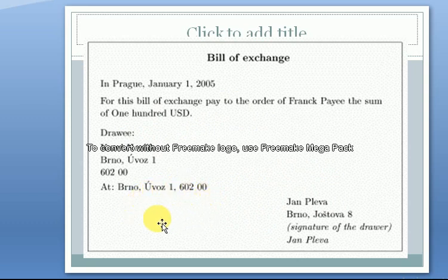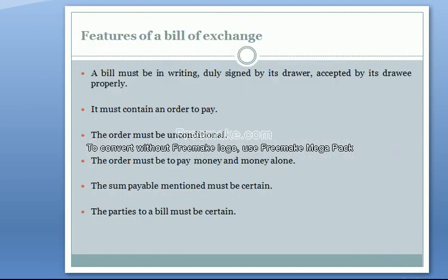That is the first one, features. Second one, it must contain an order to pay. A bill of exchange consists of an order from the side of the drawer.